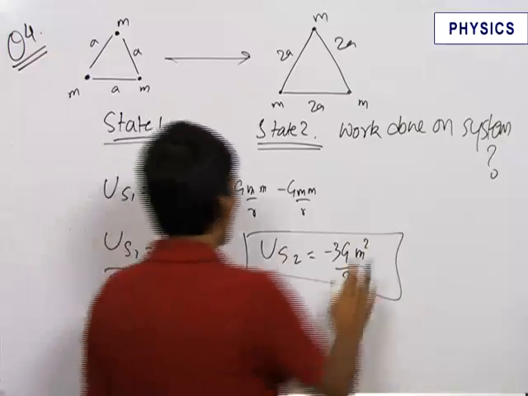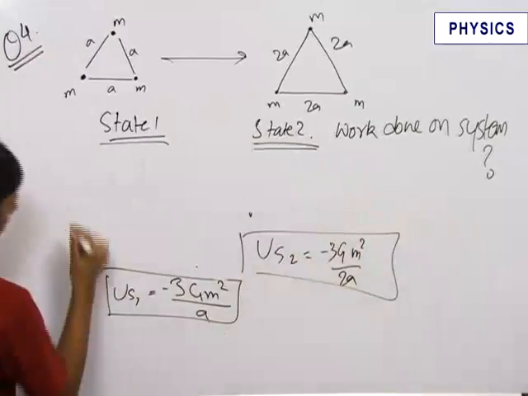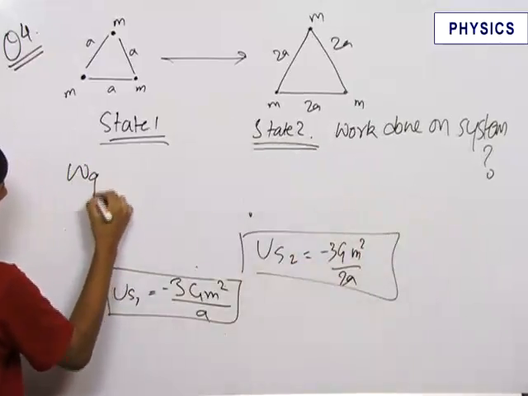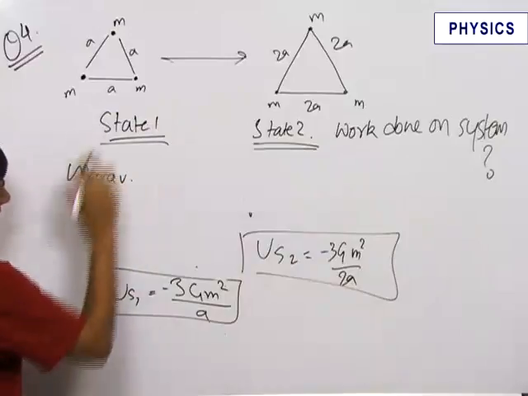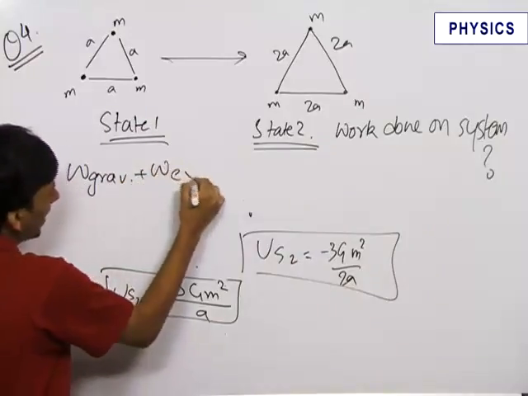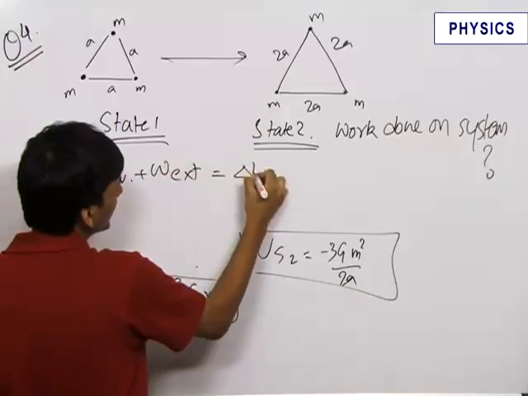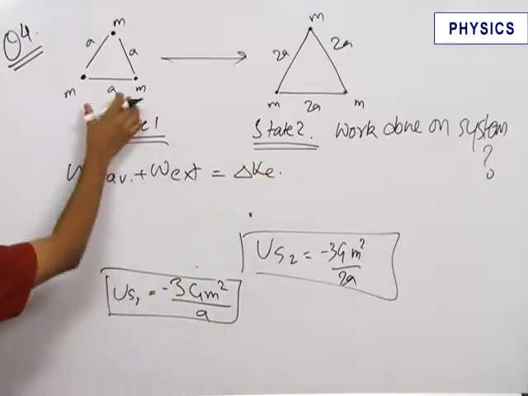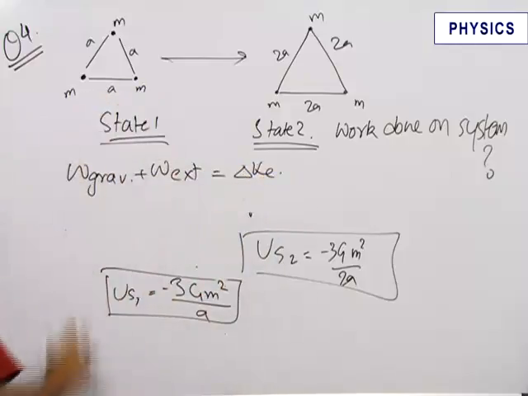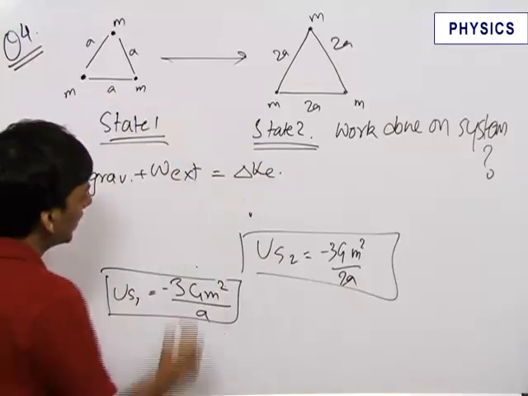Now by work energy theorem, we have work done by gravitational forces plus work done by external forces equals change in kinetic energy, which is 0, since in both state 1 and state 2 the system is at rest.